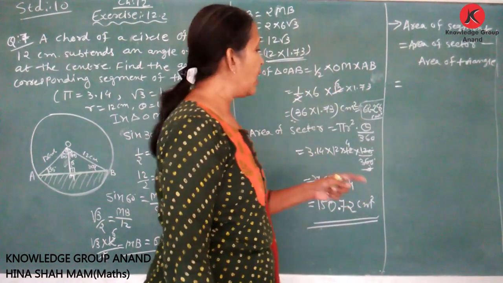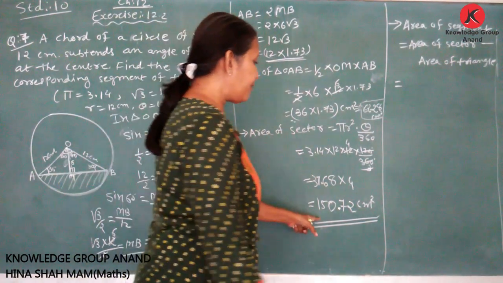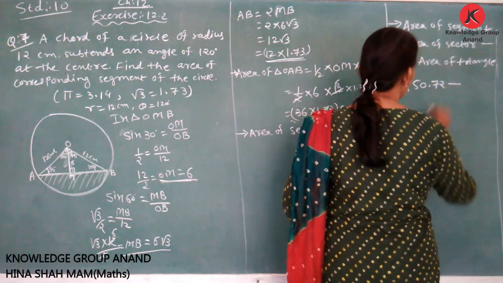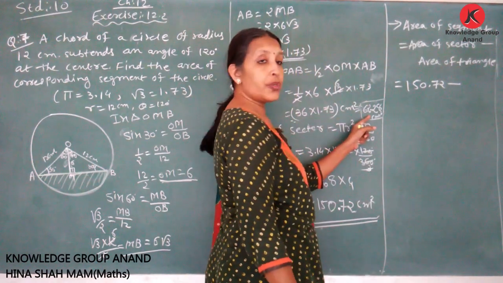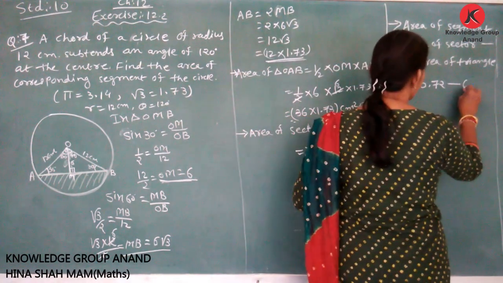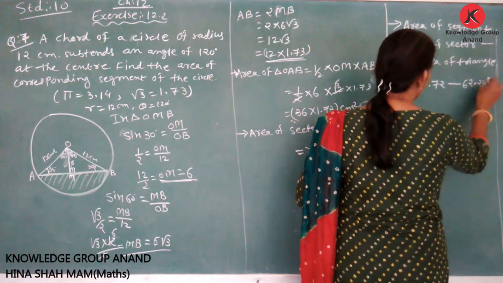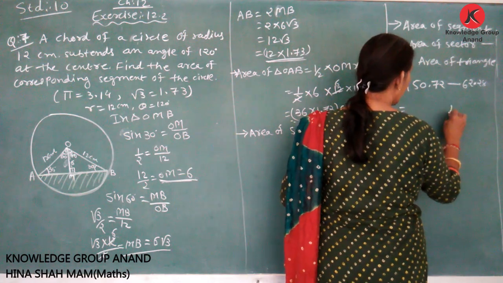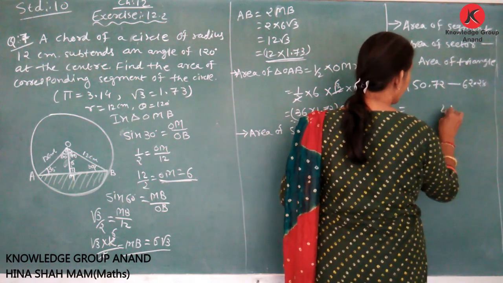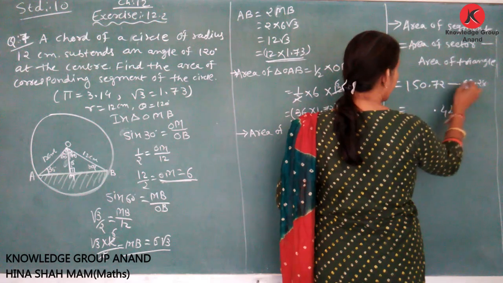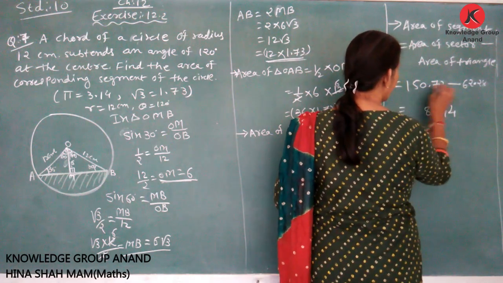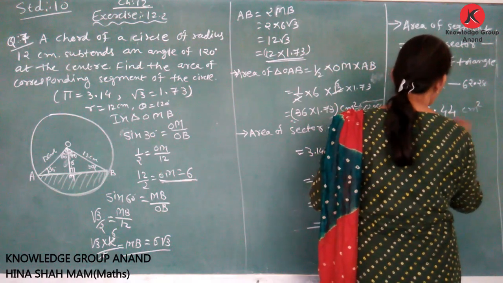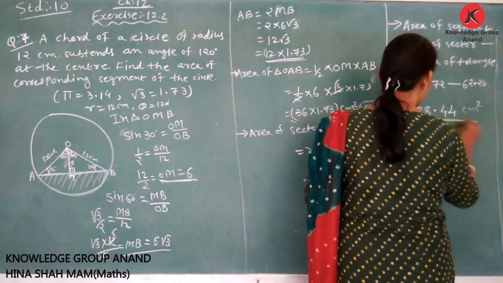What is the value of area of sector? We find here 150.72 minus area of triangle 62.28 equals to 88.44 centimeter square, which is our final answer.